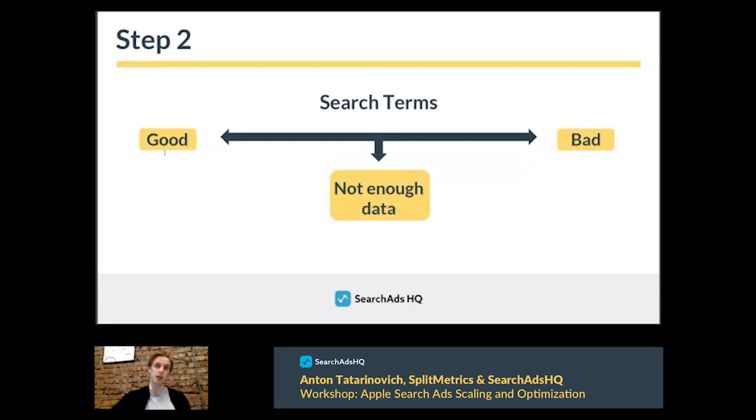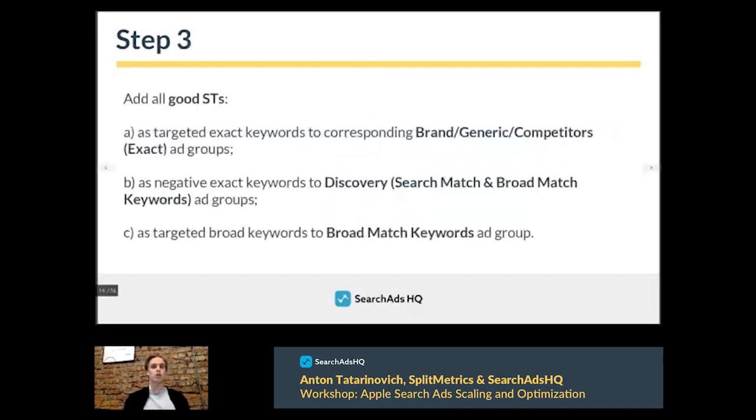Now let's go to step 3. On step 3, all of your good search terms should be added as targeted exact keywords to the corresponding brand, generic, or competitors exact ad groups. Because in general, exact is where you actually manage and bid on particular keywords, the main part of your work.